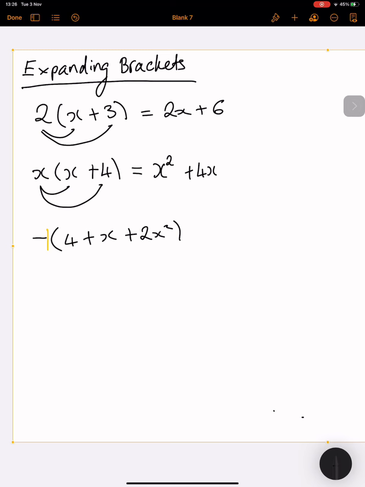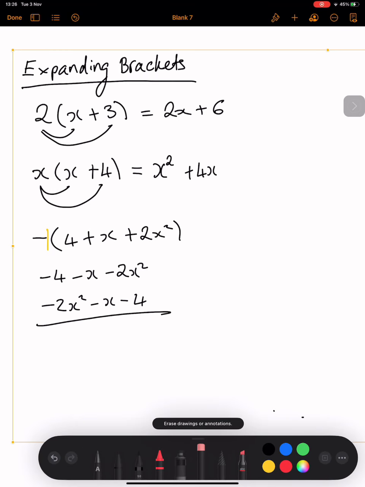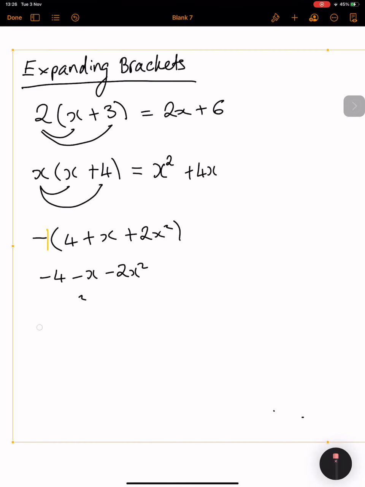So you're going to get minus 4 minus x minus 2x squared. Now this can be rearranged in descending powers to make it a lot more familiar. There we go.